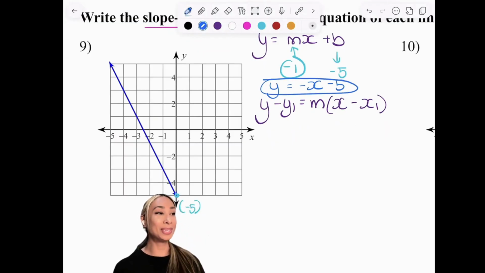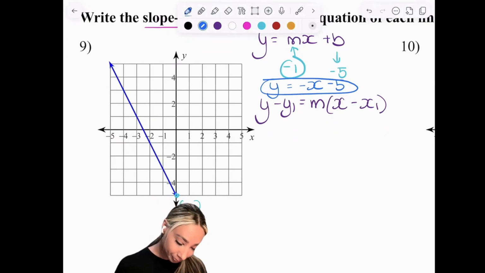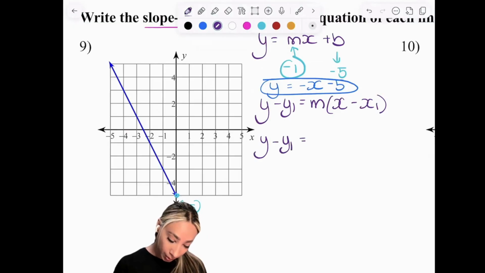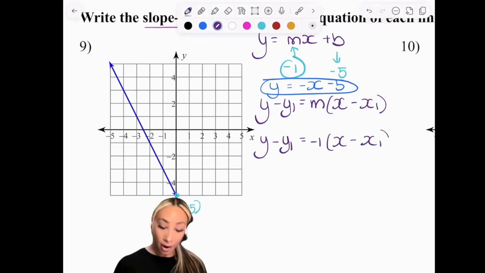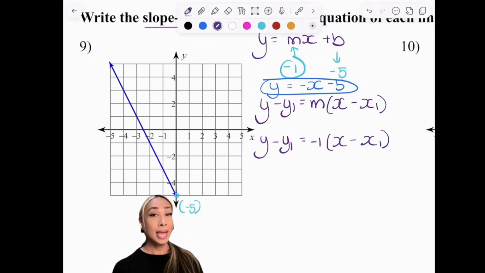Now we want to go to point slope form. So same idea is going to follow. I'm going to have my equation. So y minus, I'm still going to write it in as y1 for right now. My slope we know is -1, and then x minus x1. Now we have to pick 2 points. In a graph like this, we can do what we did last time, and we can just pick the intercept of the y-axis.